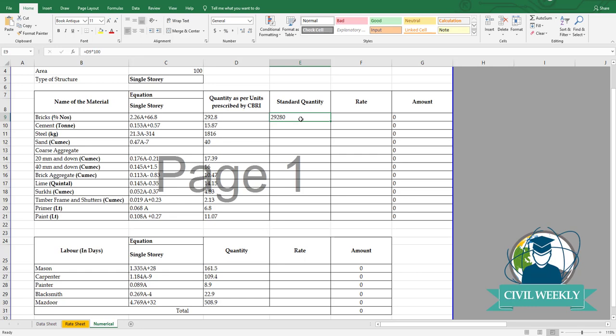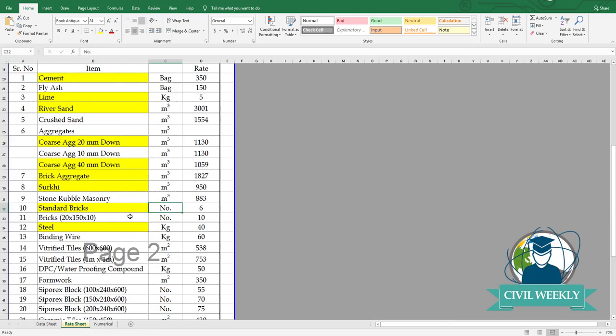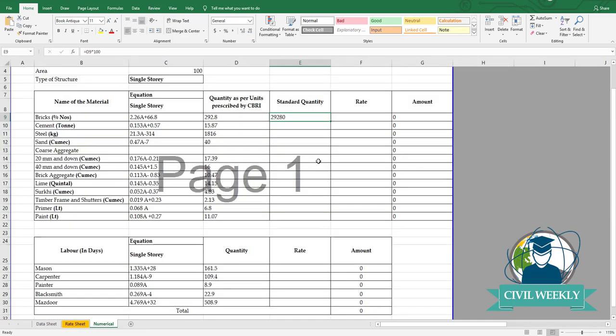And what is the rate of these bricks? The standard brick rate is 6 rupees. So 29,280 bricks will require 1,75,680 rupees. Similarly, we will have to find out for cement also.